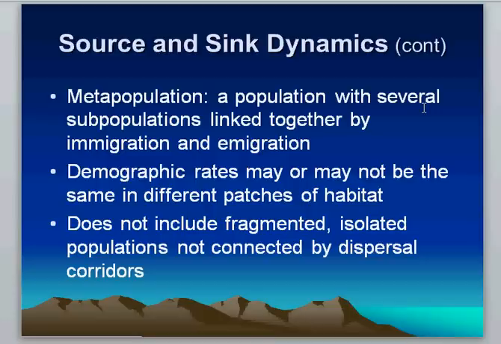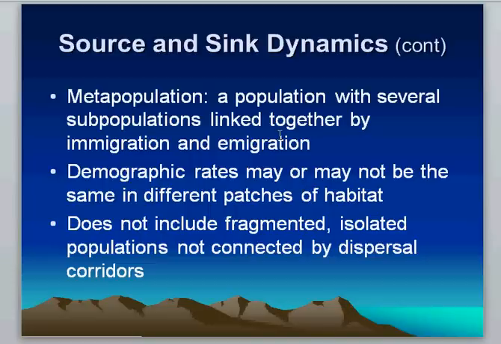But every so often immigration and emigration occurs, most notably from the source populations to the sink populations, so that the overall metapopulation is maintained, even though the sink populations may actually be shrinking or reducing in size.